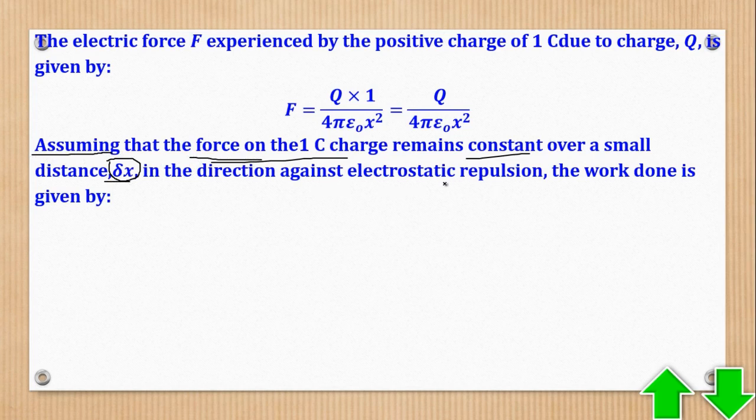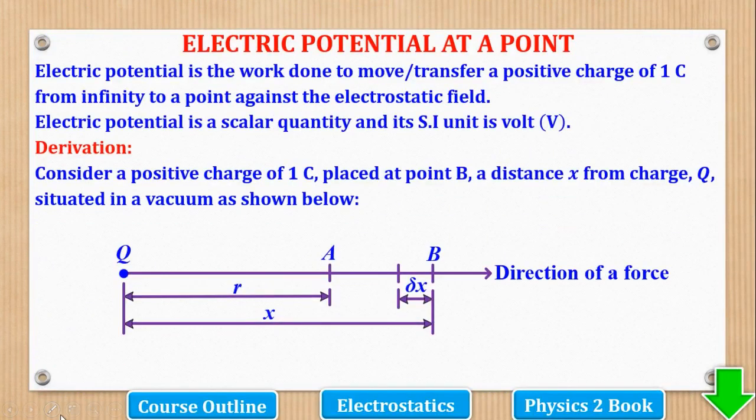Against electrostatic repulsion, the work done is given by, so against electrostatic repulsion means, let's go back to the diagram, that you're moving it from here in this direction.